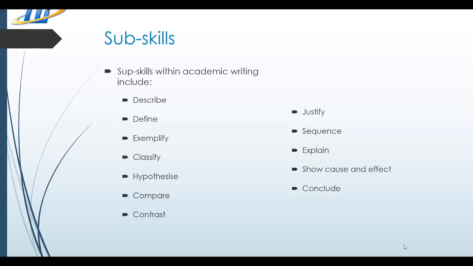And students need to practice writing statements and paragraphs that fulfill each of these functions. So you'll give your students activities on writing a paragraph to describe something, writing a paragraph to define something, write a paragraph to justify, write a paragraph to explain, etc., etc.